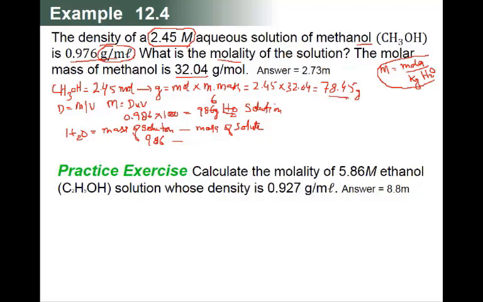This is the solute, the methanol, 78.45. So answer will be equal to 897.55.